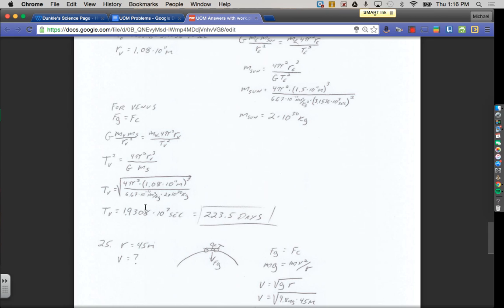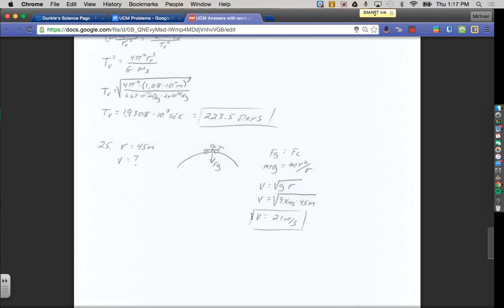Plugging in, I get 1.9308 times 10 to the 7th seconds, or since it asked for it in Earth days, I would convert, and there are 60 seconds in a minute, 60 minutes in an hour, and 24 hours in a day to get 223.5 days.